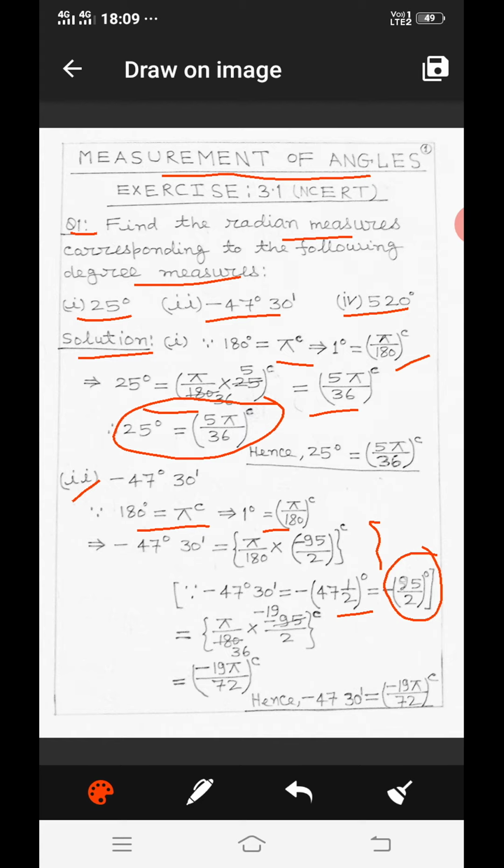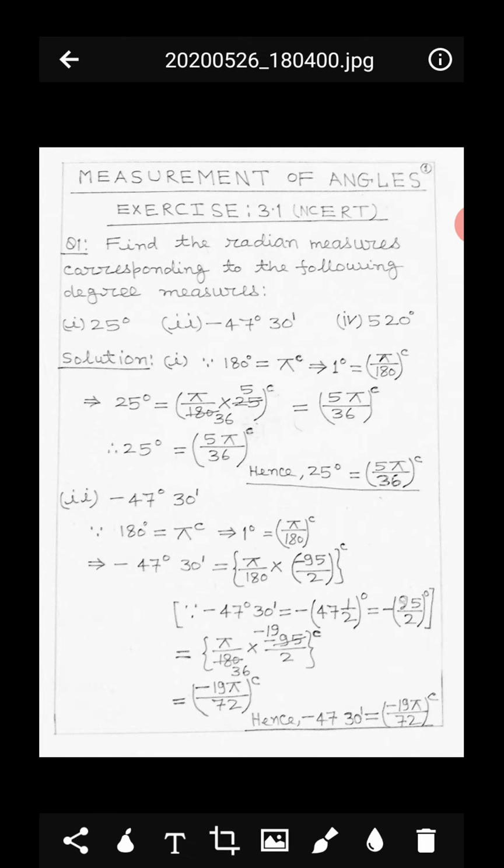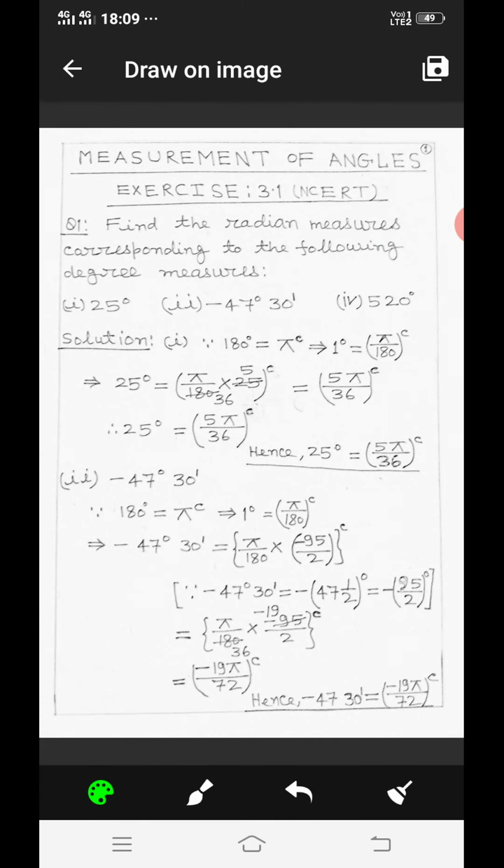After solving, we get minus 19 pi by 72 radian. Hence, minus 47 degree 30 minutes equals minus 19 pi by 72 radian.